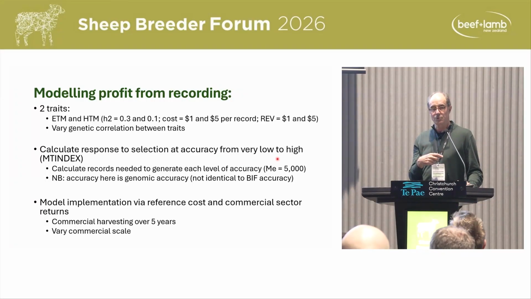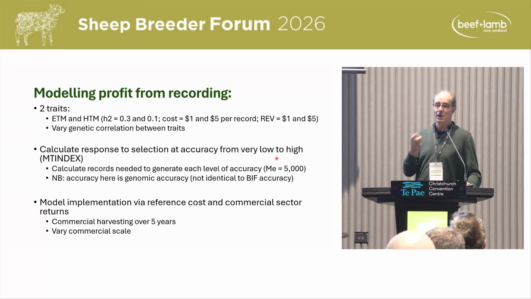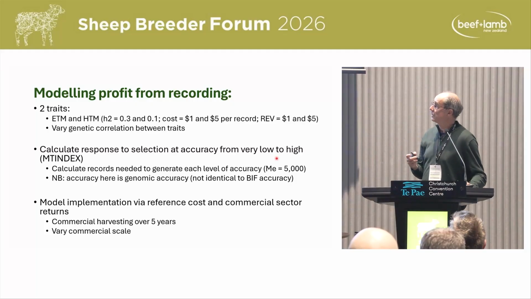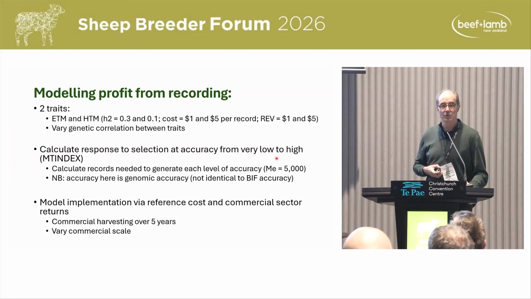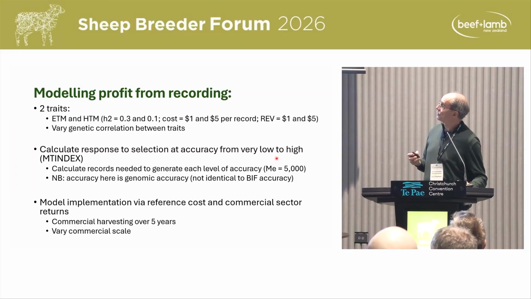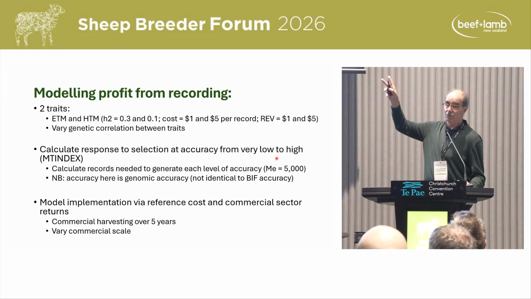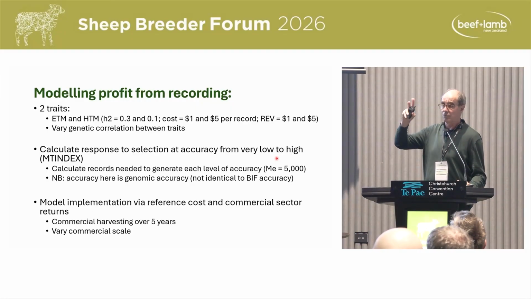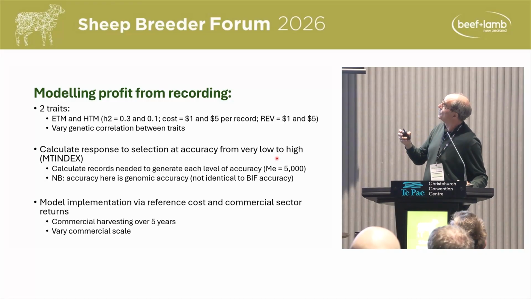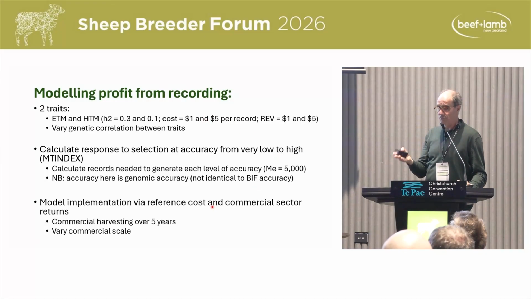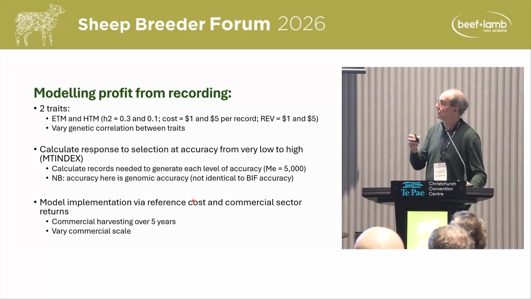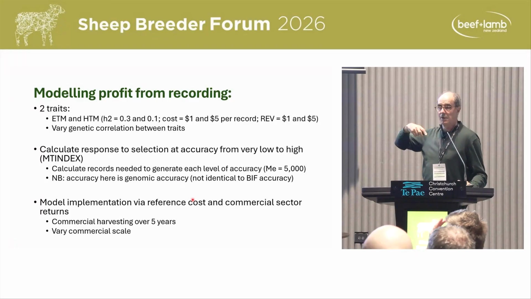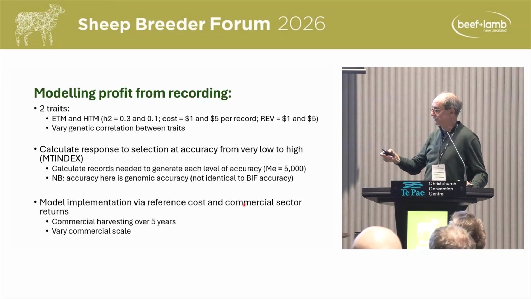If I know the cost of the phenotypes, I can work out what I had to spend on phenotypes. I can compare that with the return and work out where I maximise my profit. So in this case, as I said, I've done two traits. I've worked out, modelled their genetic parameters, the correlation between them. I can calculate the response to selection at any given combination of accuracies, and then I harvest the value of the genetic gain across a commercial population of different sizes.